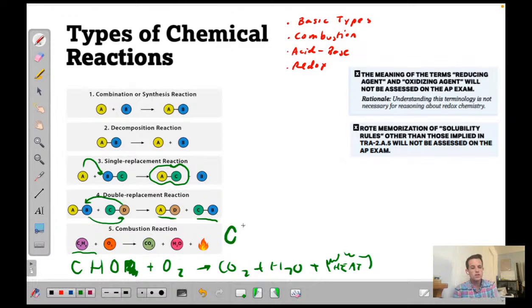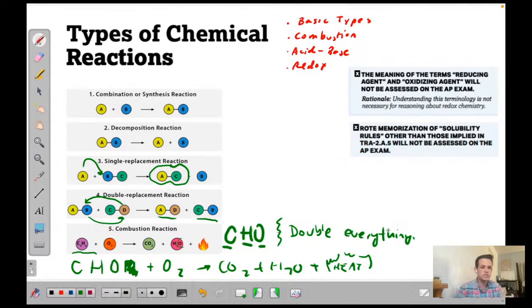Again, I really recommend using the CHO method, which is balancing carbon, hydrogen, and then oxygen. It makes it a bit easier because there's an odd number of oxygen on this side and usually an even number on this side. It's sometimes challenging to do that. The other trick if you get stuck is to double everything on a combustion reaction. Just multiply everything by 2.